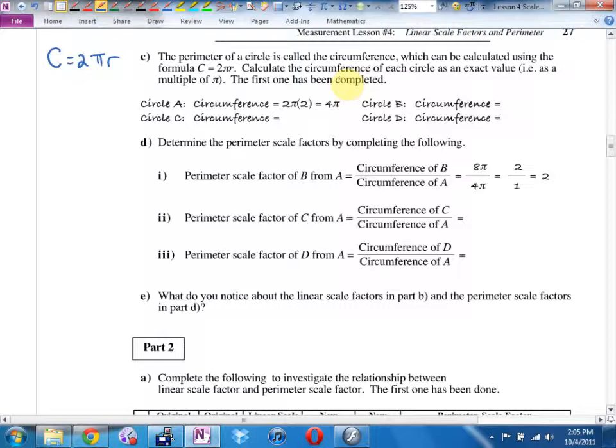The circle A has a circumference of 2 times pi times the radius. What was the radius of circle A? 2. You know what 2 times pi times 2 is? It's 4 pi. What was the radius of circle B? 4. The circumference is going to be 2 times pi times 4, or if I simplify, 8 pi. 2 times 4 with a pi on it.